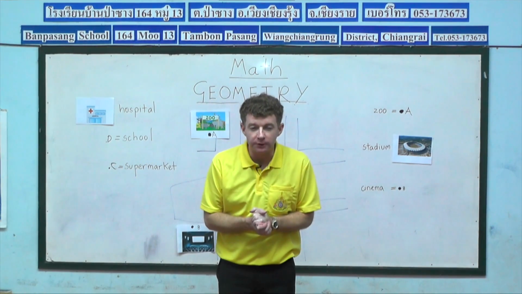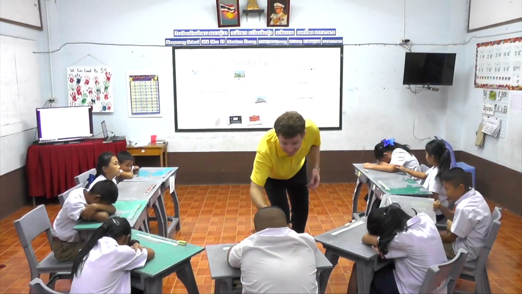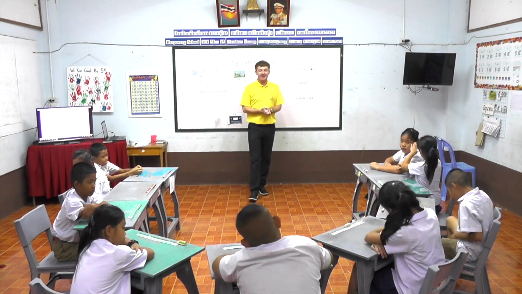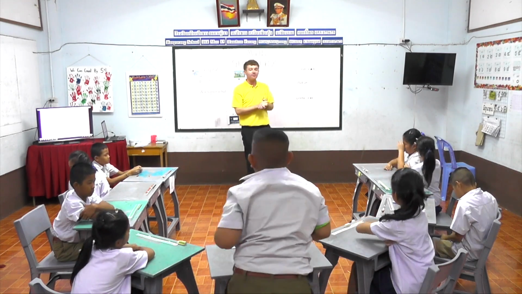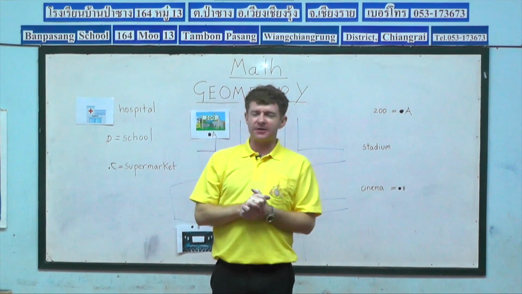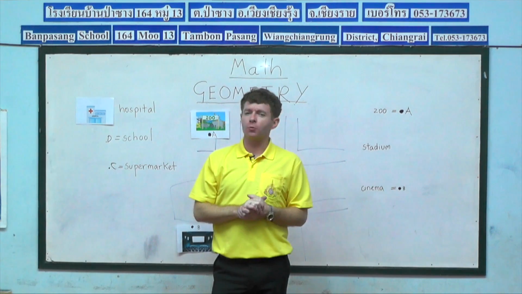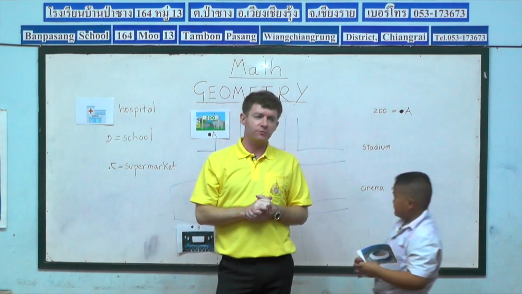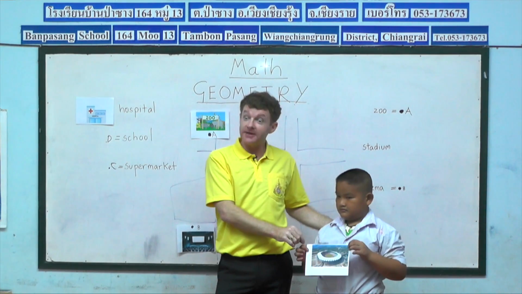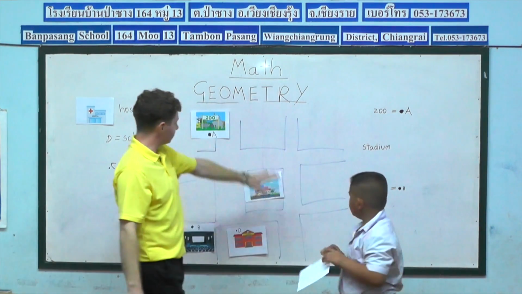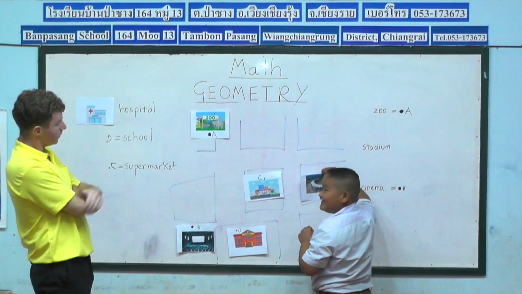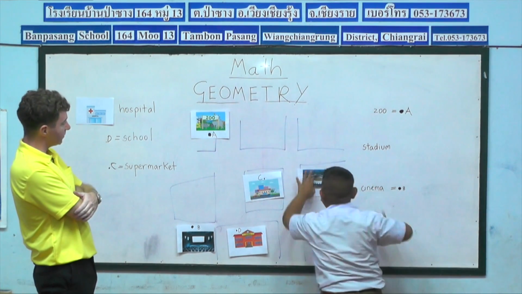Okay, who hasn't gone yet? Who can go next? Okay, let's open our eyes, guys. Net, come and join me at the front. Okay, so Net said to me earlier, Net wants to go to watch the football match. So if we go to watch the football match, where can we go? Stadium. Net, where should we have our stadium on our map? Okay, yes, our stadium can go there.